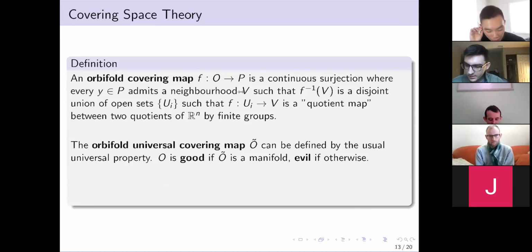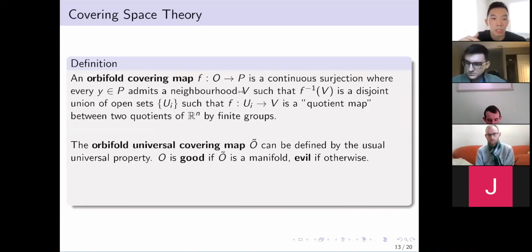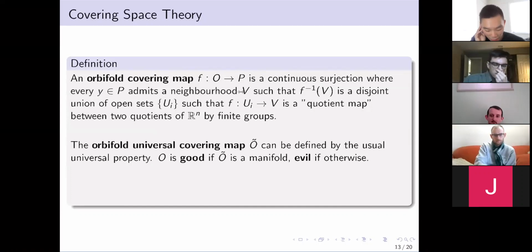And then whenever the universal covering space is just a manifold, so there are no singularities or whatsoever, we call it good. So always good whenever we can express this as some manifold quotient by some properly discontinuous group, basically. And then if it's not good, we call it evil. That's all. In fact, by introducing this definition, the evil ones do exist. Evil always exists.